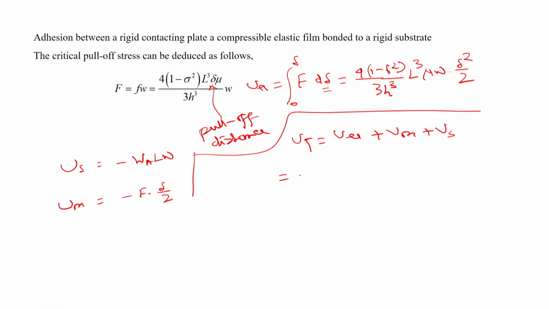So this is equal to 2 by 3, 1 minus sigma square, h cube, L cube, mu, W, and delta square, this is the elastic part, minus this is F into delta by 2, and minus this is W_A into L into omega, that is the width.